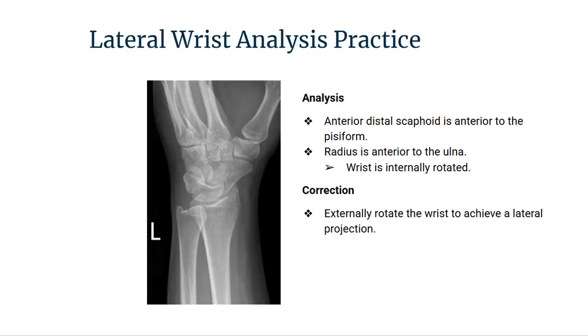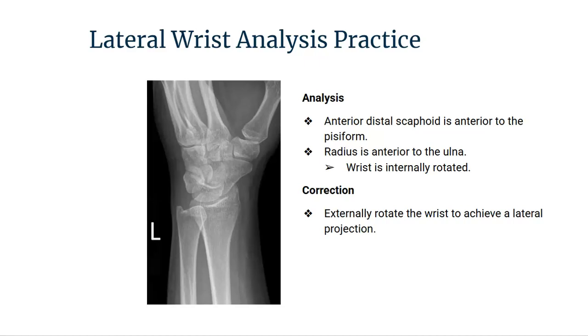So let's go ahead and review or evaluate this image together. First, you want to determine whether we have all our anatomic structures, and we do. There might be a little bit of central ray misalignment, but we're really looking today at positioning. Now let's analyze whether or not we are demonstrating the anatomy of interest for this lateral projection. Looking at this projection, you can first see that the distal scaphoid is positioned anterior to the anterior portion of the pisiform.